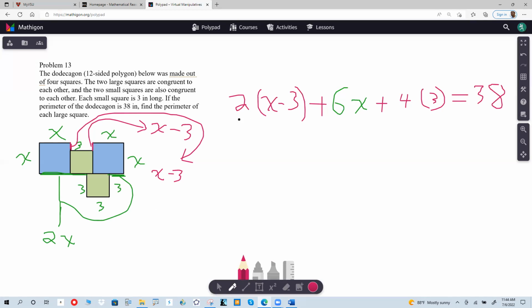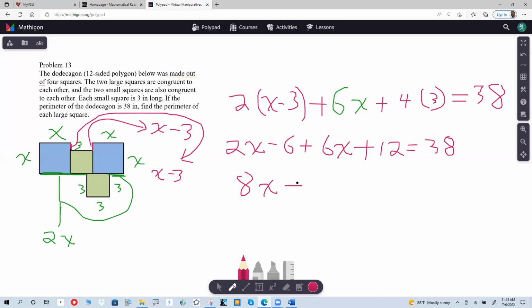What do you get here, guys? Distribute 2 over. It gives you 2X minus 6 plus 6X plus 12. On the right-hand side, you still have 38. 2X plus 6X is 8X. And 12 minus 6 is plus 6.